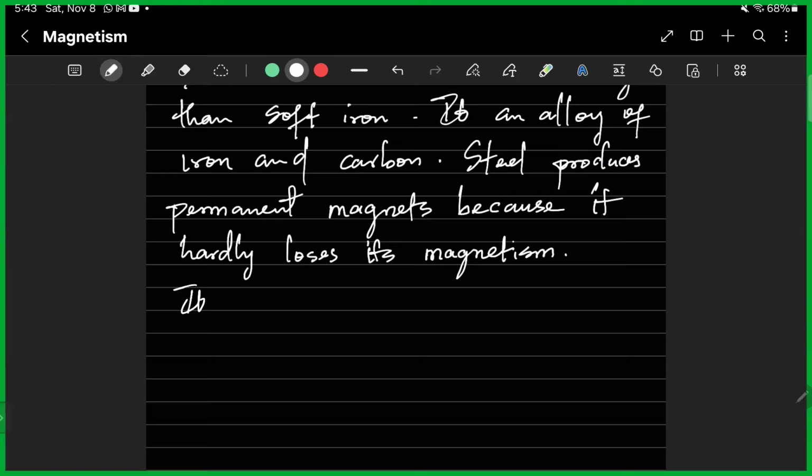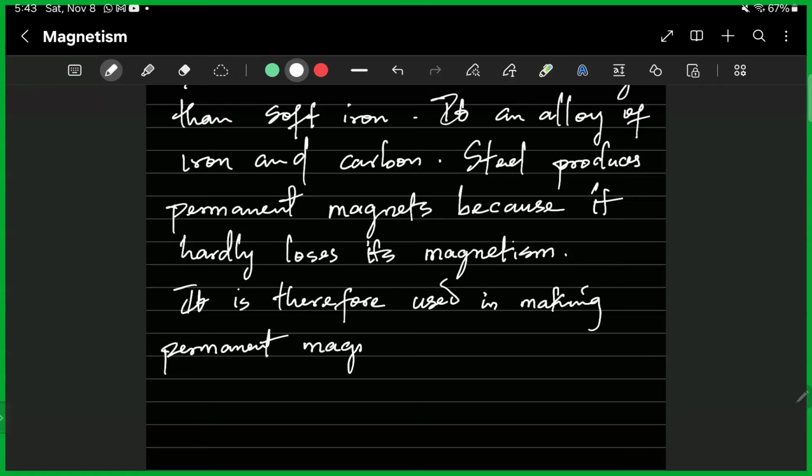It is therefore used in making permanent magnets, like a compass needle.